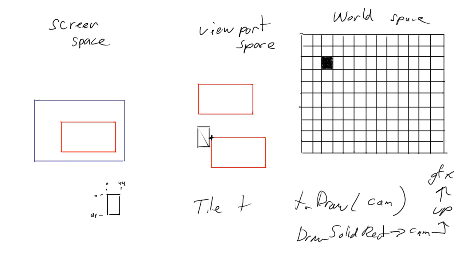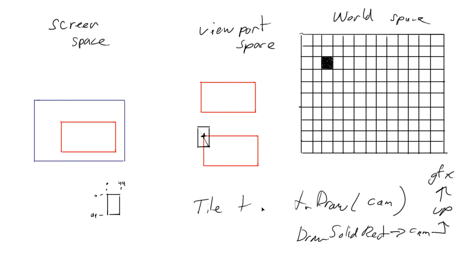Then you move your screen, your camera, so that part of your dude is in your viewport space. Then you're going to clip your dude to this rectangle here.